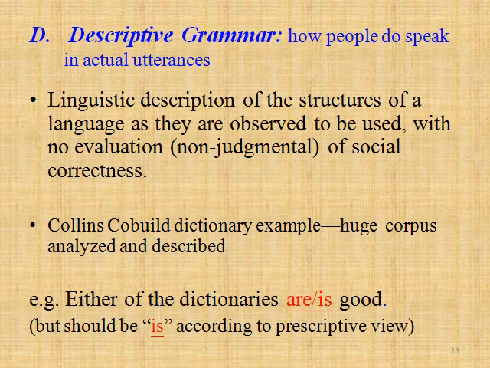It should be either of the dictionaries is good, not are. But according to descriptive grammar, you can talk as you want without worrying about the structure of the grammar.